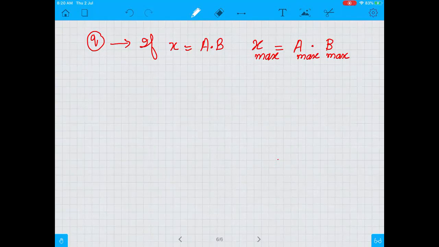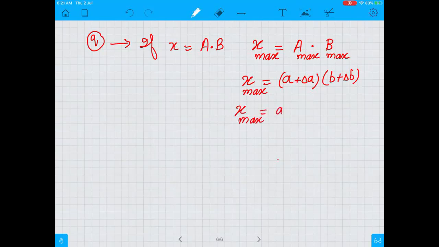When you add the uncertainty, you will get the maximum value. So maximum value of x will be equal to ab plus a delta b plus delta a b plus delta a delta b. So this is the maximum value of x.